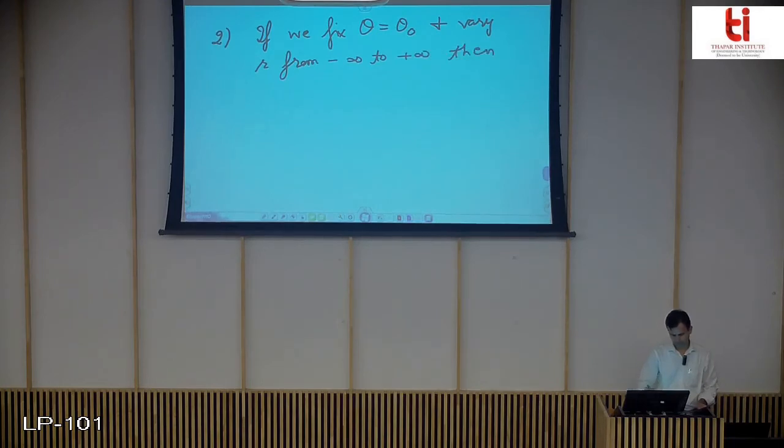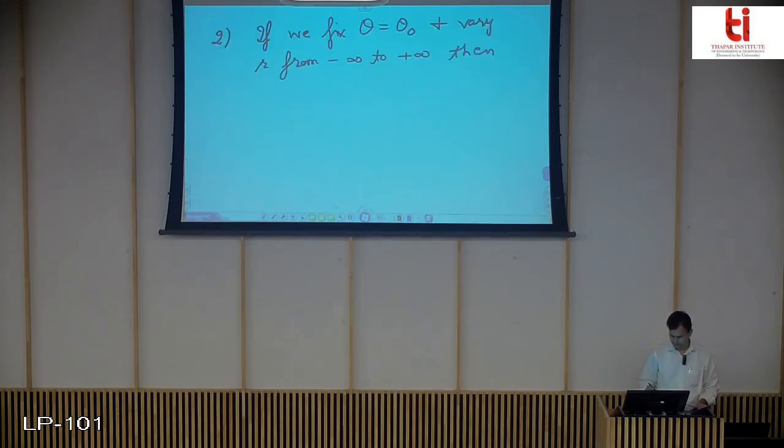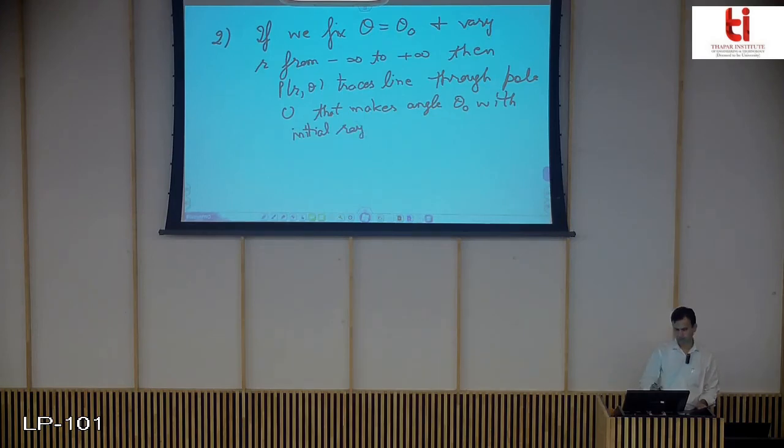Then in this case the point P(r, theta) traces a line through the pole O that makes angle theta naught with the initial ray. That is, now theta is fixed.